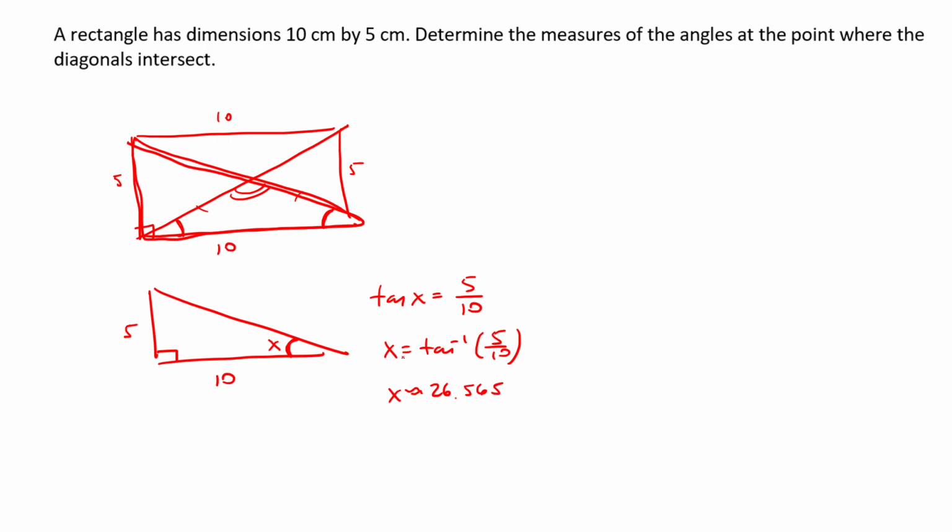Well, that would be that angle. And you would know this other angle would be the same. And so we could double that, right? We could multiply that by 2. So let me punch that in my calculator real quick. And so I get 53.13, and then we could take that away from 180 to get the final answer. So I get about 126.